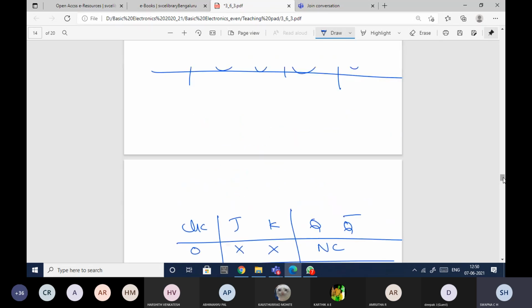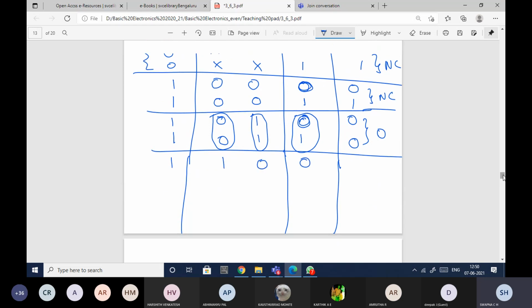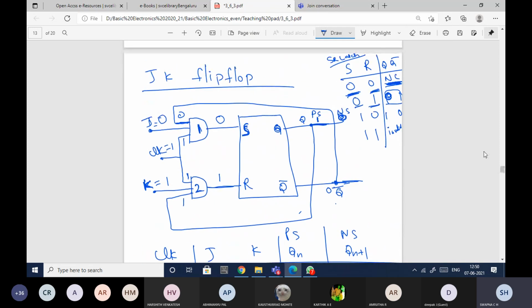The next state is always 0. Okay, so that is what this one is. I'll go with the next state. Clock is equal to 1, J is equal to 1, K is equal to 0 and the present state is 0. So let me erase everything and write the values accordingly.